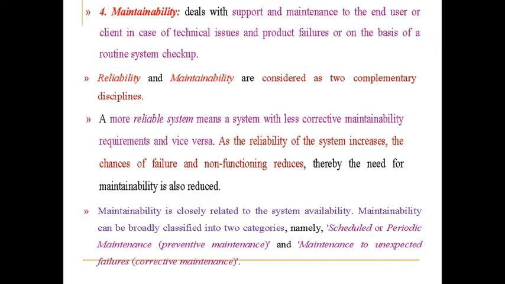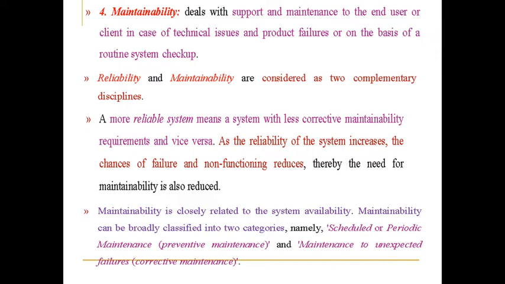Maintainability and reliability are considered as two complementary disciplines. A more reliable system, the system which is going to work properly, will have less corrective maintainability requirement. As the reliability of the system increases, the chances of failure and non-functioning will be reduced, thereby the need for maintainability is also reduced.